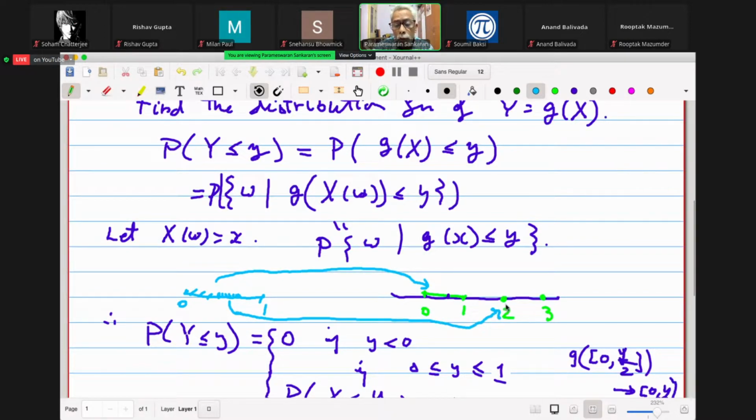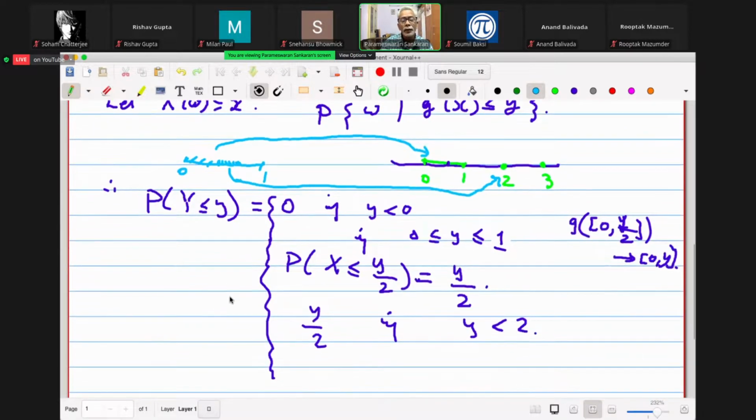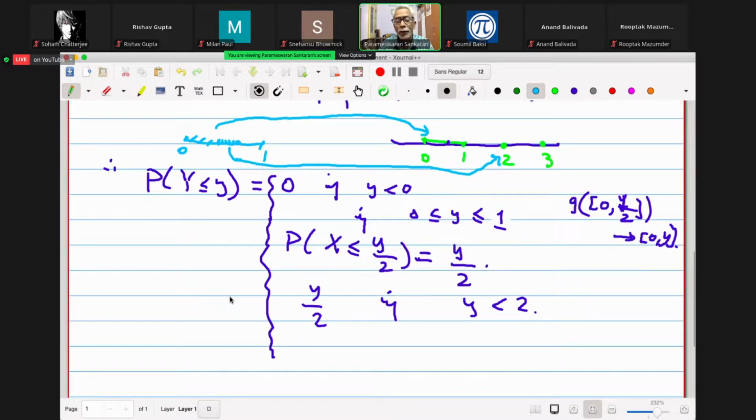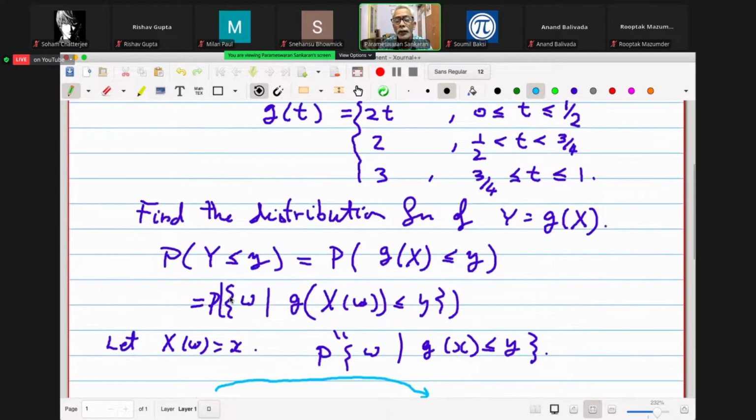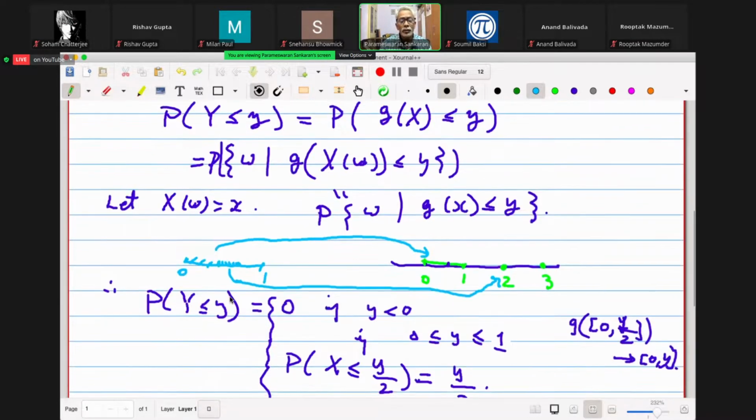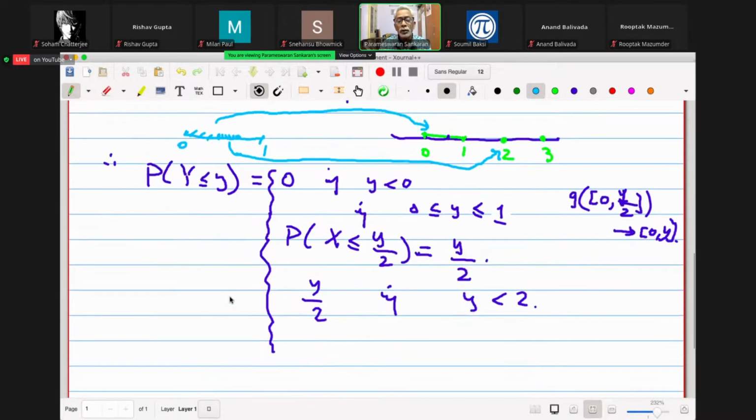So the moment you include 2, the set of all x so that g of x is less than or equal to 2 would involve all the way from 0 to 3 quarters. And it doesn't really matter whether 3 quarters is included or not. The way I defined it, it is not included, but it's not going to really matter so much.